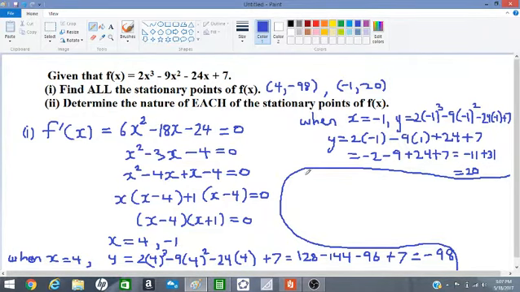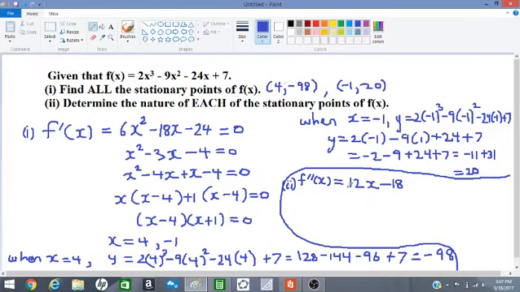So for that we'll use d squared y dx squared, or we will use the second differential f double prime x. This is part 2 here, we multiply 6 2s are 12x, and dy dx of minus 18x is minus 18.